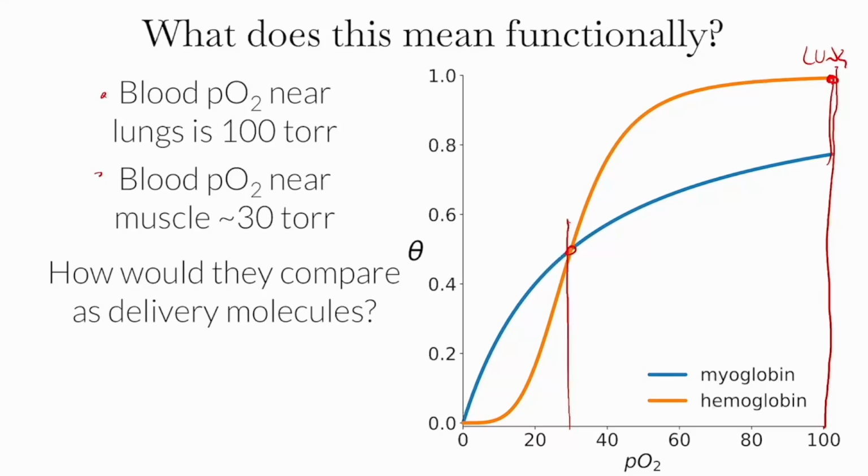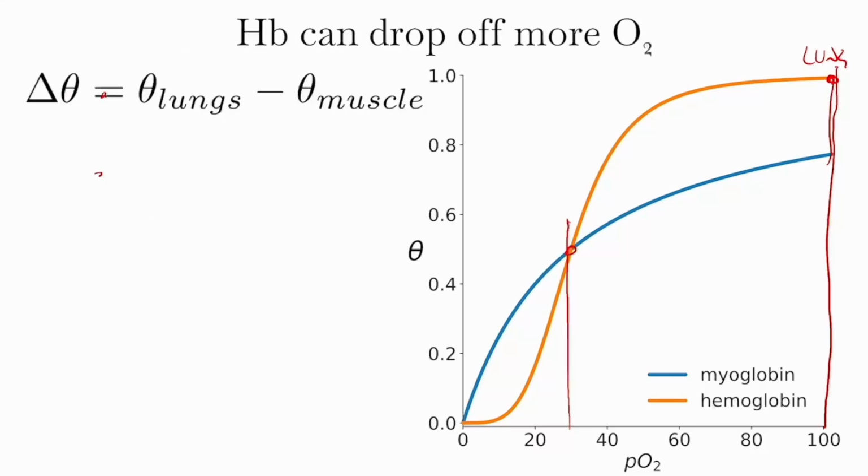All right, I'm assuming that you paused. The answer is that hemoglobin can drop off more oxygen. And the way we can think about this is using a delta theta. We can say, what is theta in the lungs versus in the muscle? And so for hemoglobin, this value is 1.0 minus 0.5, which means that 50% of the hemoglobin molecules dropped off their load, right?